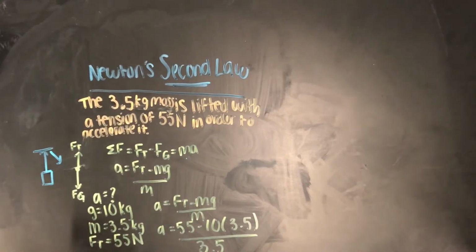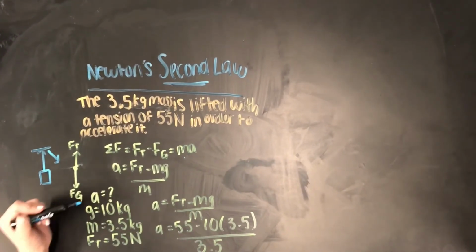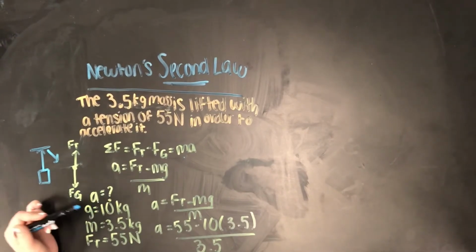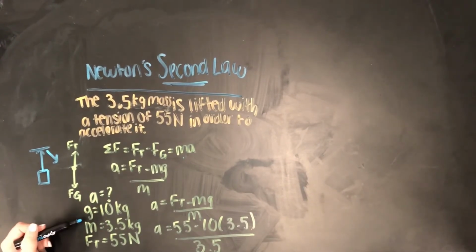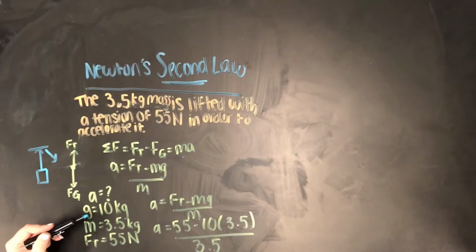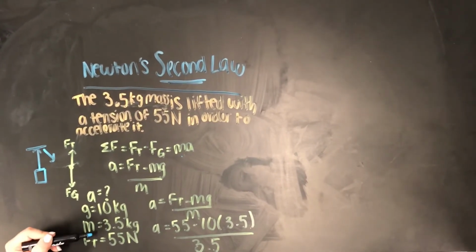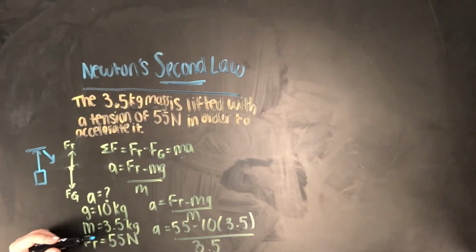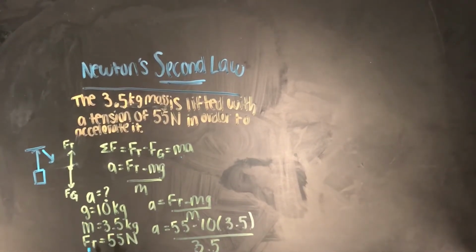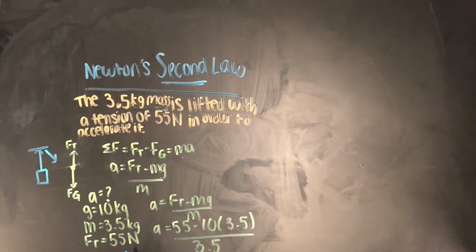So then we're going to write all our data out, which a equals question mark because that's what we're looking for. Then you have g, which equals 10 meters per second squared, mass, which is 3.5 kilograms, Ft, which is 55 newtons.